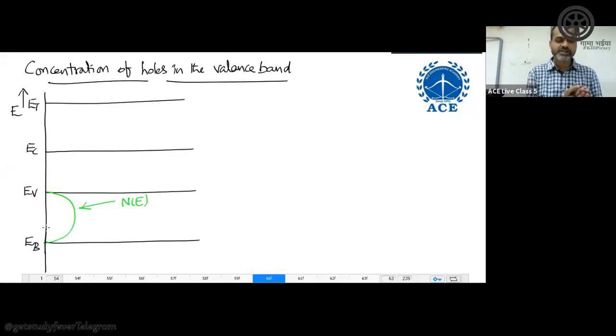So again, we consider a differential energy level here. How many number of states are going to be present within that differential element? It is N of E dE. Since I have considered the differential interval, let me represent the differential element here. Let us take somewhere here.